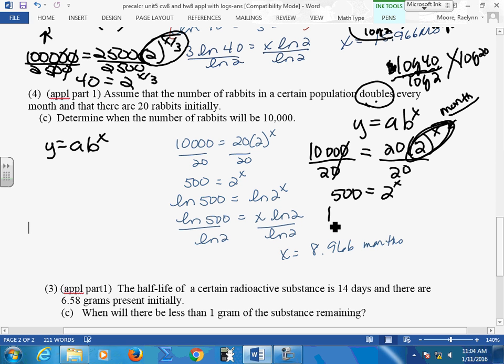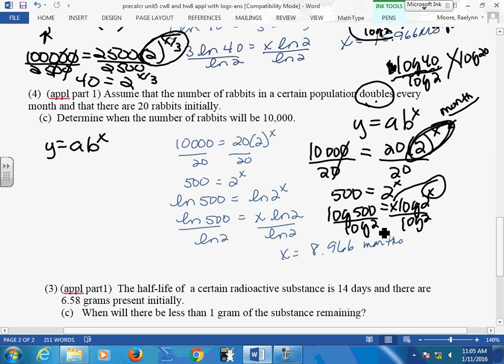There's no log, so I put a log on this side, and then therefore I have to put a log on this side. It's an equal sign. When we did your properties, it said if x equals y, then log x equals log y. Same thing. I could put an ln if I want to. Now I use my power rule to bring down that exponent. And I can divide both sides by log 2. And I'll get what my x is equal to.